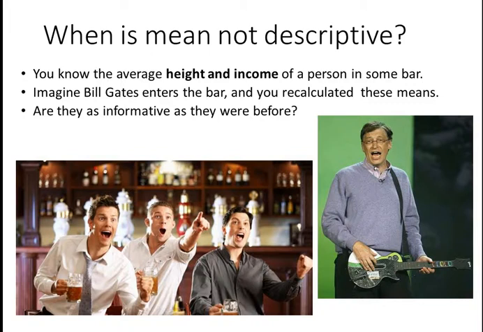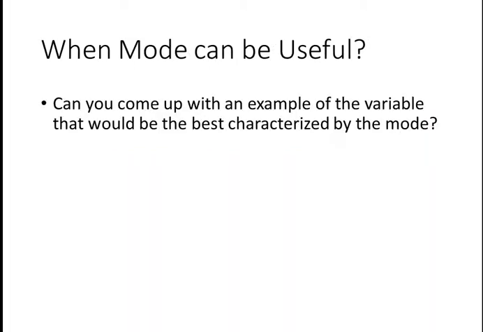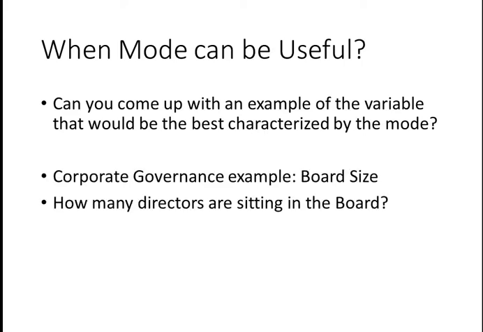Now, what about mode? Can it be useful? Can you think yourself of an example when mode would be a more reasonable or meaningful measure than the two other centrality measures? I've got one here for you. So assume that you want to know how many directors are sitting on the board of an average listed company.